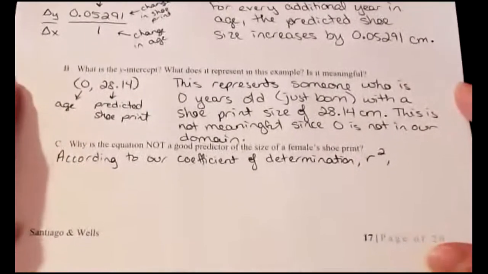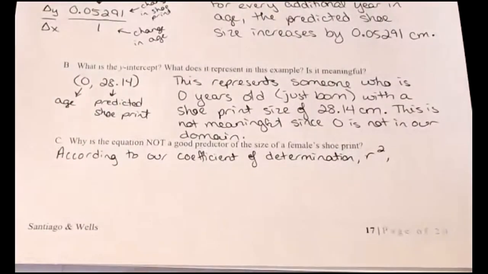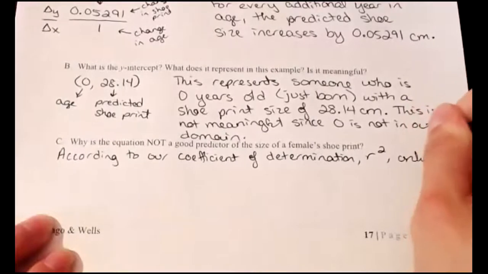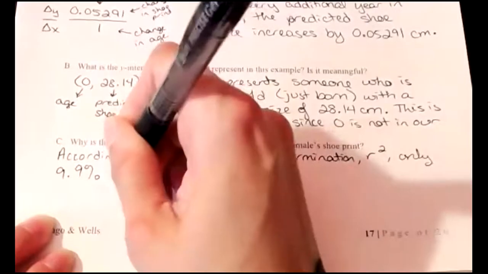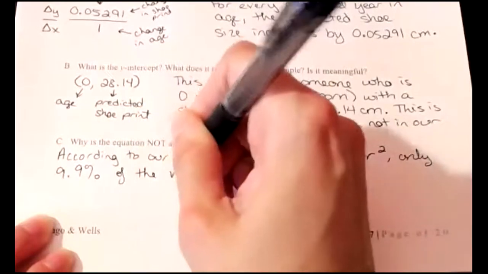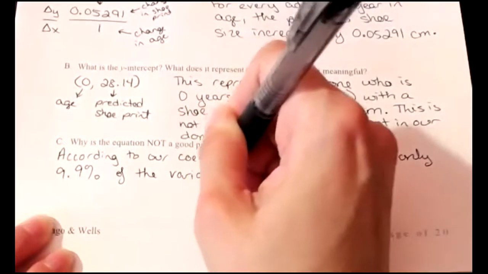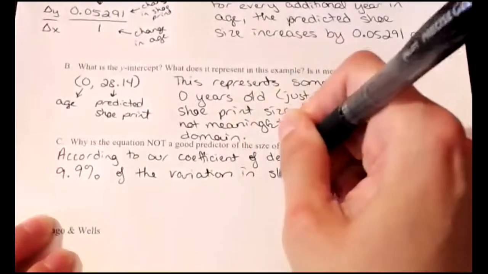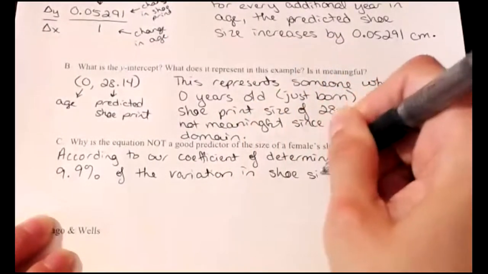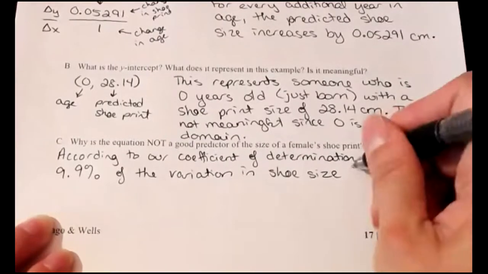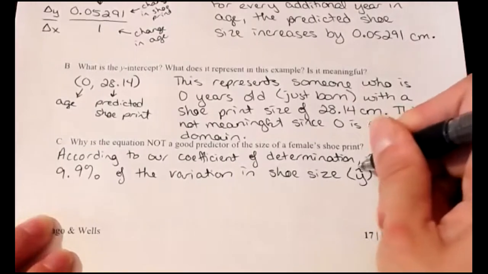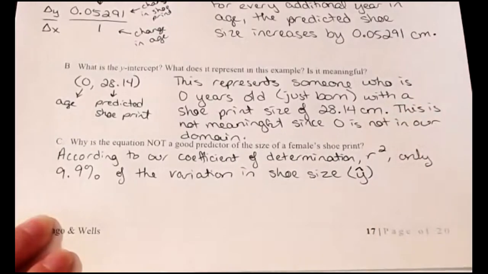So according to our coefficient of determination, only 9.9% of the variation in shoe size, remember shoe size is our y value, and if it helps, I'm just going to write y because I want you to make that connection.